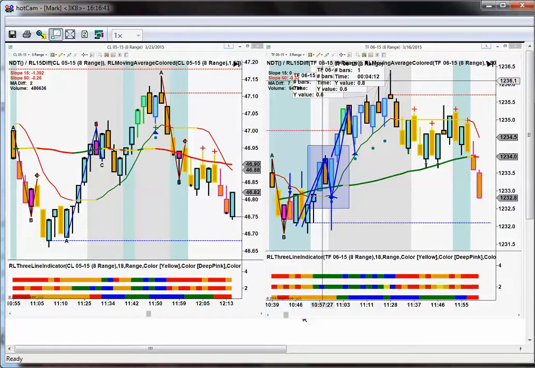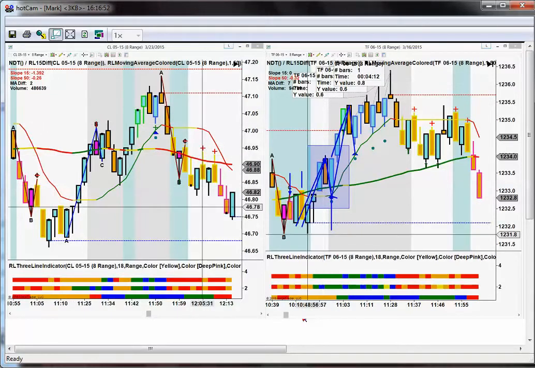Now, I'm going to talk a lot about candlestick formations in relation to market structure and price action. But there are just a couple of things I wanted to say preliminarily.